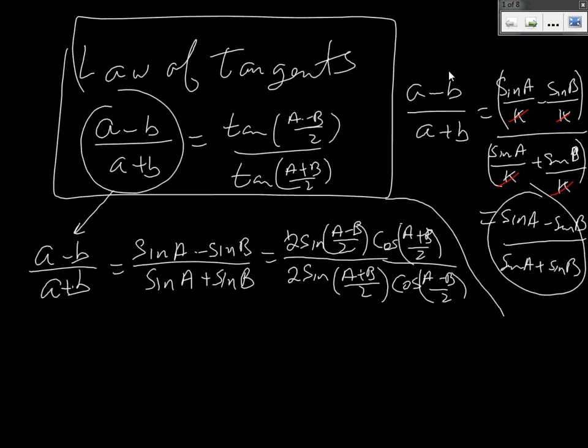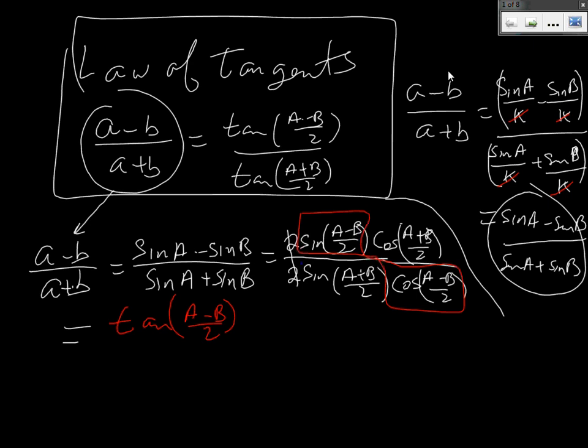And first notice that the 2's cancel. And we pretty much have it at this point because this division right here is the tangent of (A minus B) over 2.